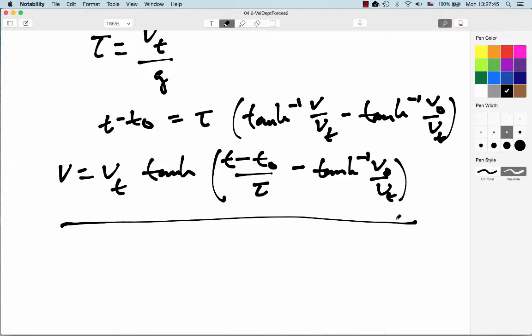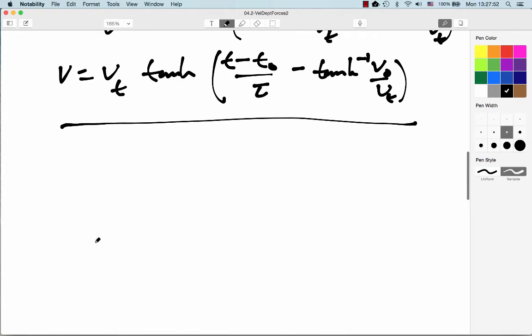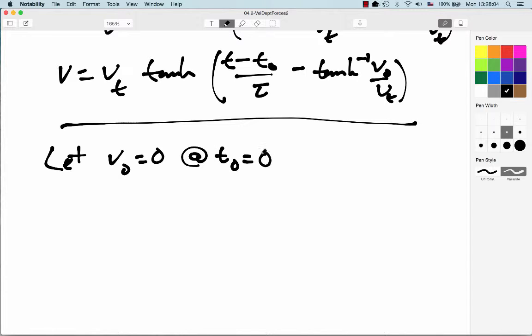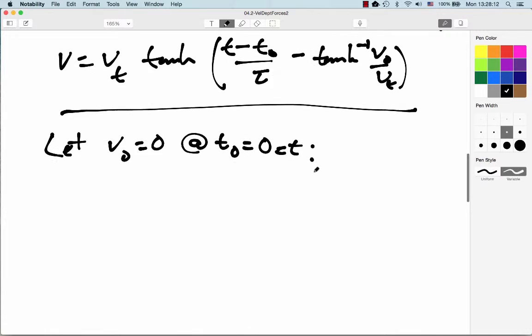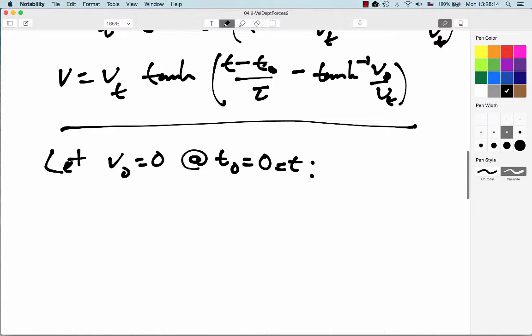Now, because that's getting a little ugly, we can look at some simpler cases, like the case of us dropping the object. So let's let the initial velocity be 0 at an initial time of 0. If we do that, that makes all my t naughts go away.